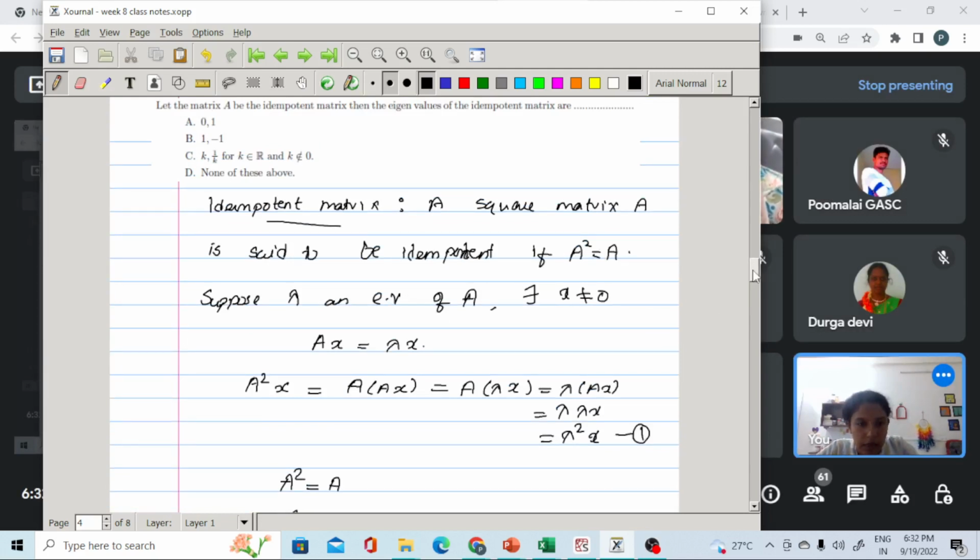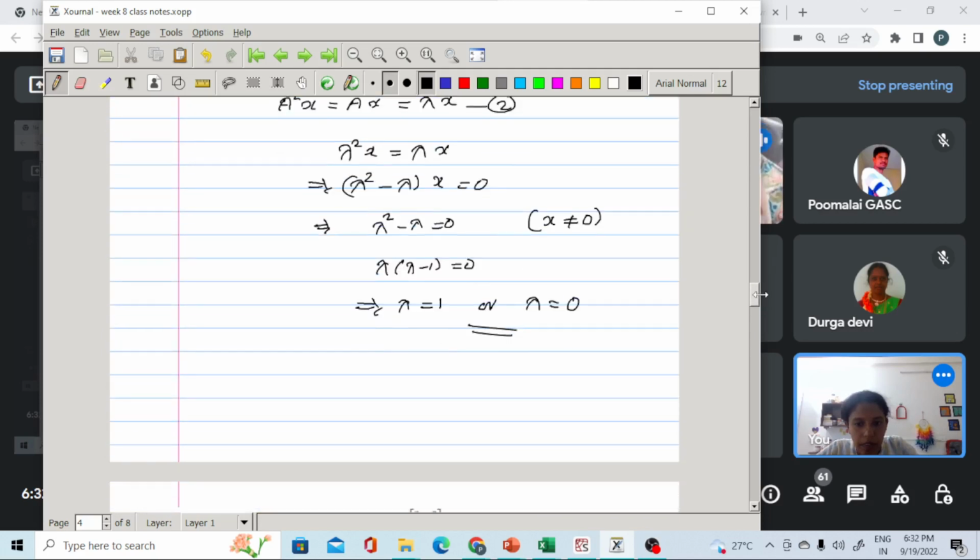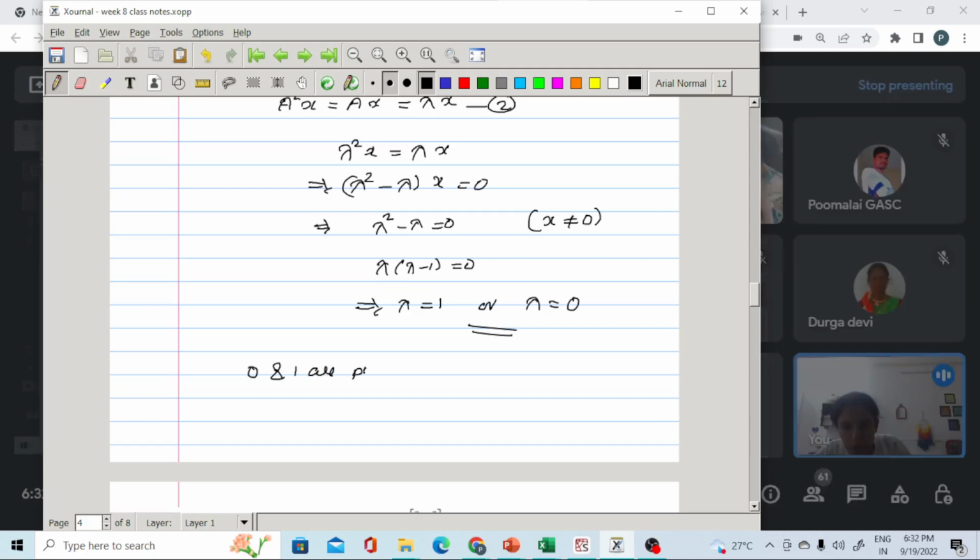Is this clear? The conclusion is that 0 and 1 are possible values of eigenvalues of an idempotent matrix. So let me ask one question. Is it necessary that we have both 0 and 1 for an idempotent matrix?